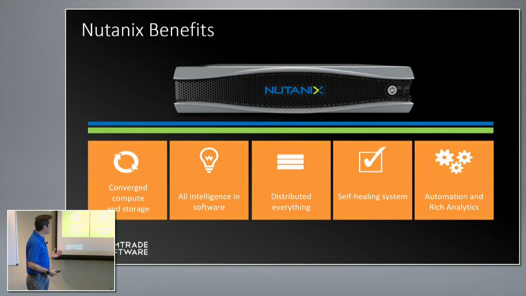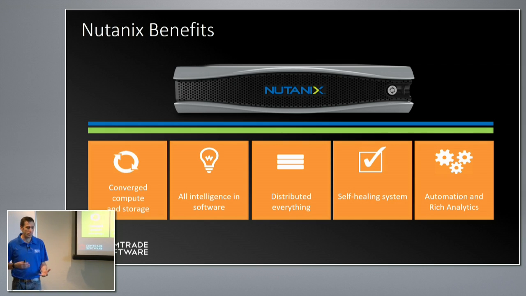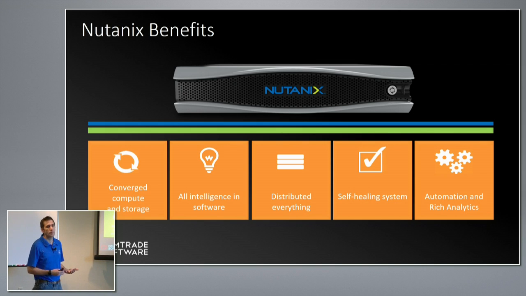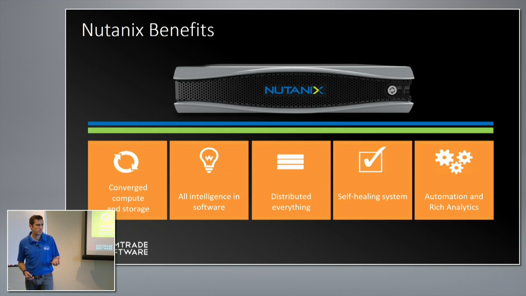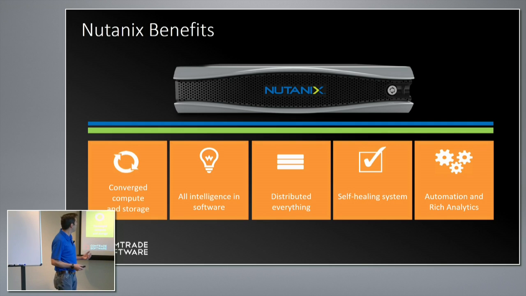When you do that, you bring a lot more scalability, eliminating legacy architecture like 3-tier, where data has gravity. With those types of architectures, you tend not to scale very well. So the benefit of Nutanix is web scale architecture: all the intelligence is in the software, distributed everything, a self-healing system, and automatic and rich analytics.